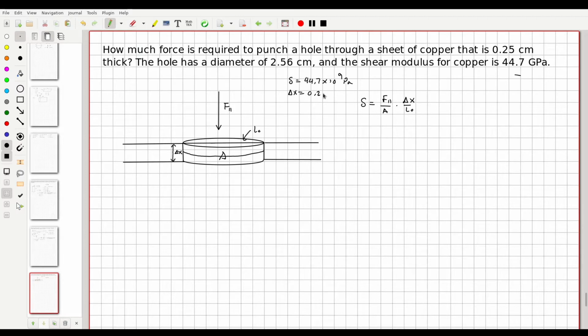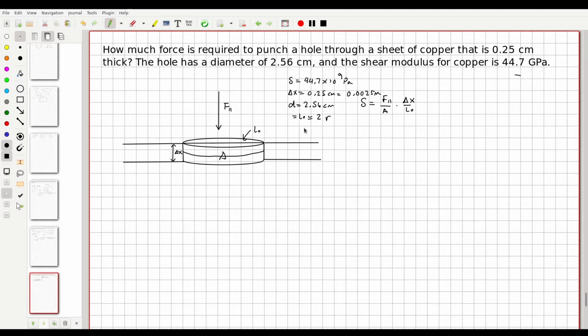It's a quarter of a centimeter, or 0.0025 meters. Now, we're given a diameter, 2.56 centimeters. That would be L naught. But what I'd like to point out is that our L naught is 2 times the radius. We're going to use that to our advantage here.